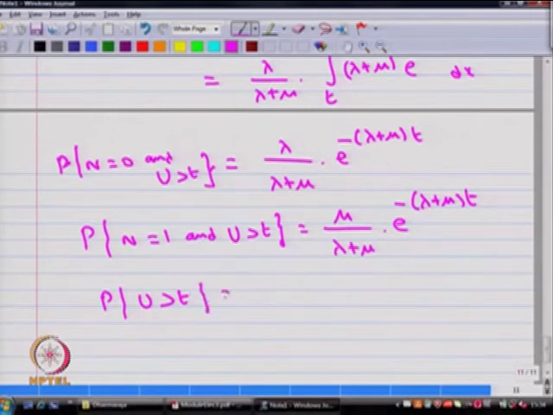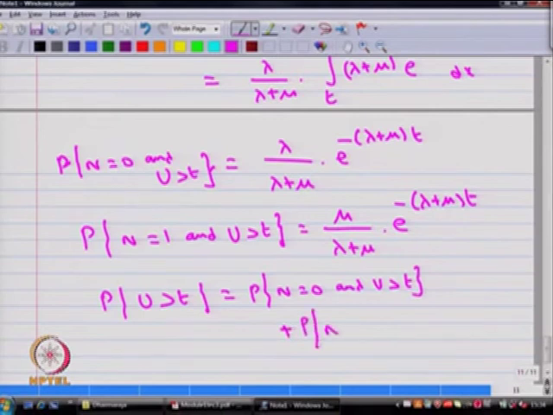That is nothing but finding out the probability of N equal to 0 and U greater than t plus the probability of N takes a value 1 and U greater than t. That is the way you can find out the probability of U greater than t.